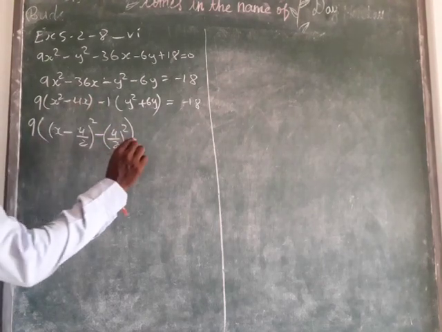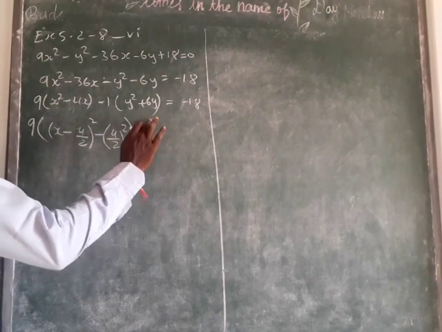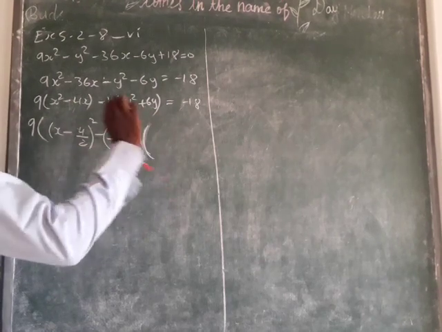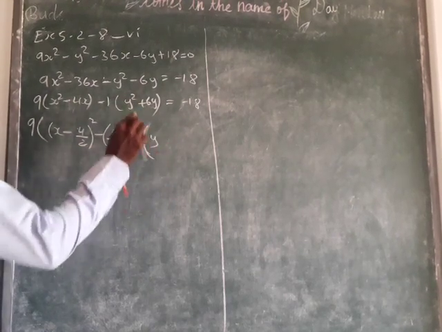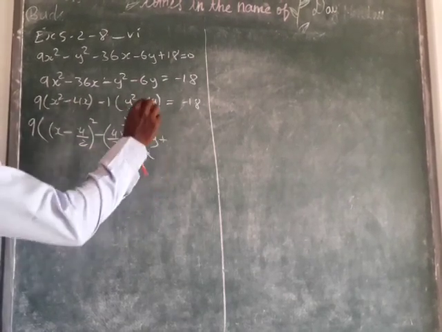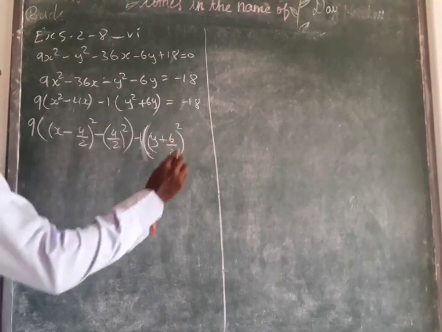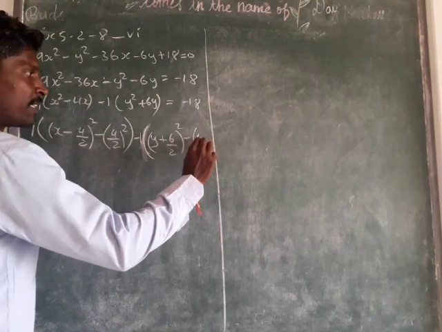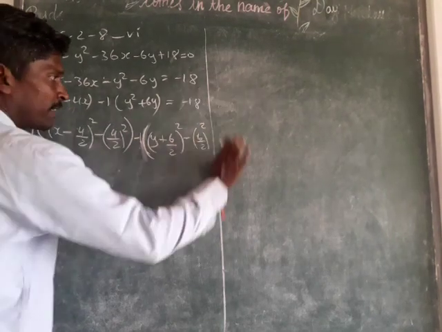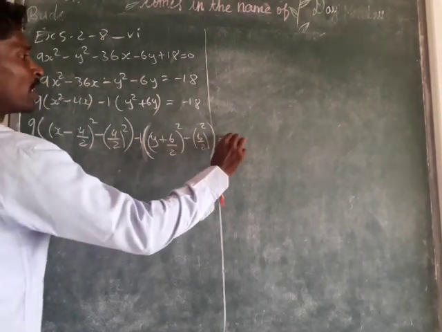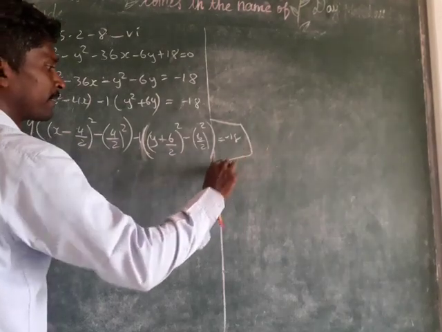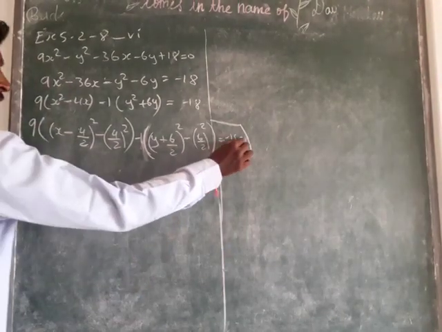Now write minus 1 into y squared plus 6y, positive sign, the coefficient of y divided by 2, then the whole square, again minus of 6 by 2 the whole square, equal to minus 18.